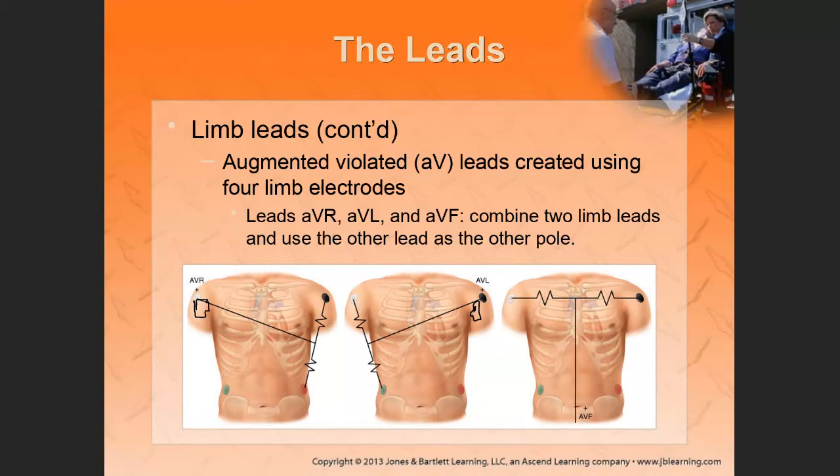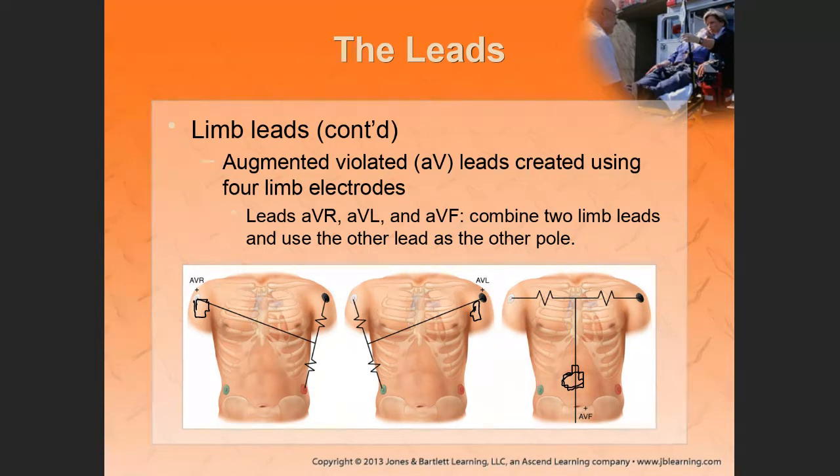And then we now have a camera looking up at the inferior portion. Camera not drawing so well, but anyway, you get the idea. We now have a camera looking up at the heart. So AVR looks at the right side, AVL looks at the left side, AVF is inferior.